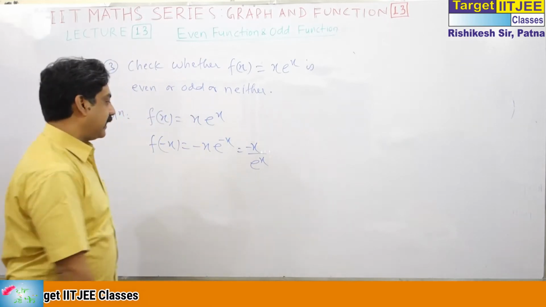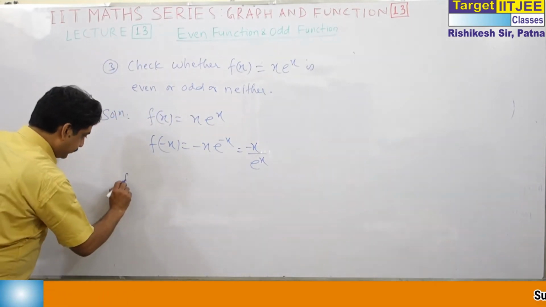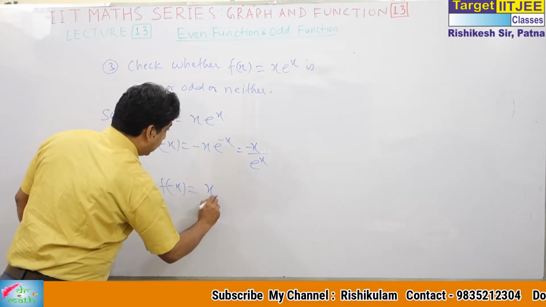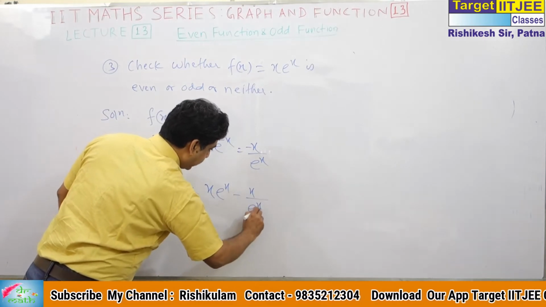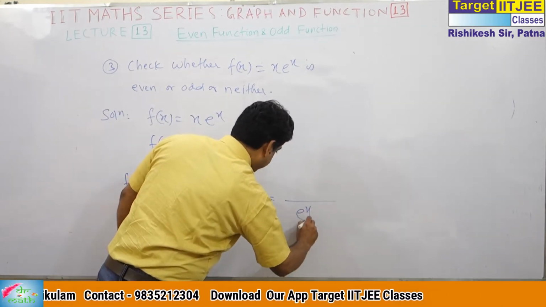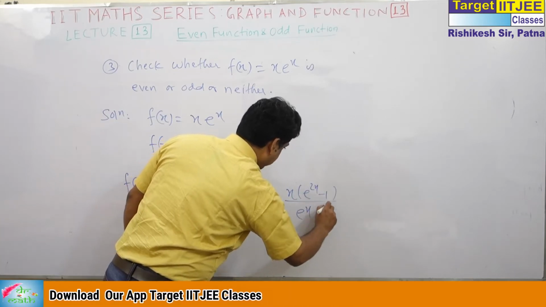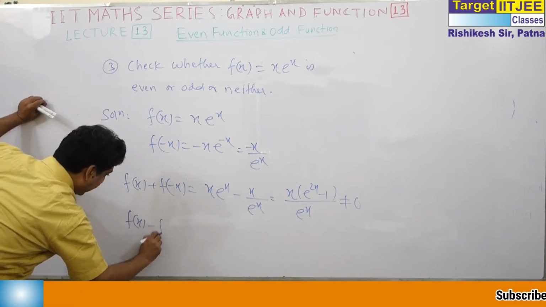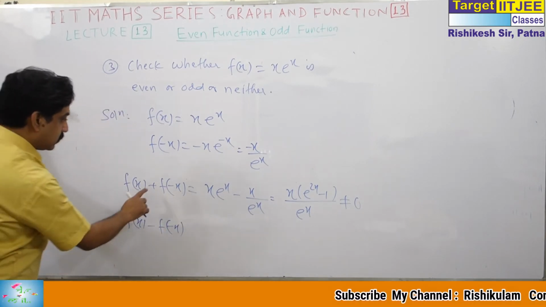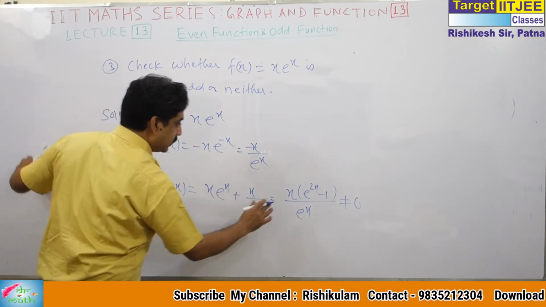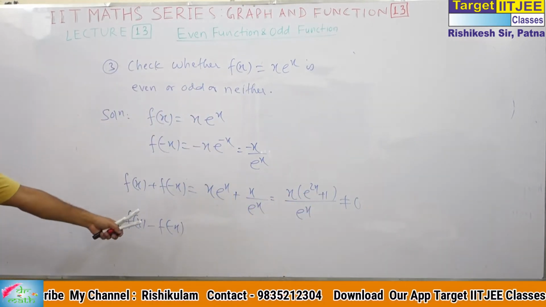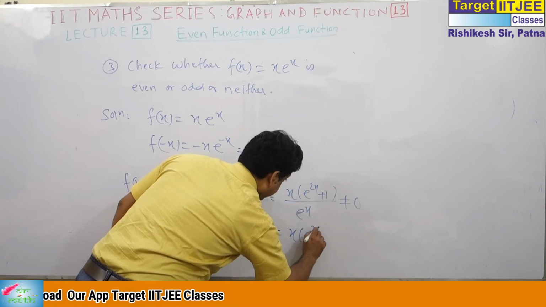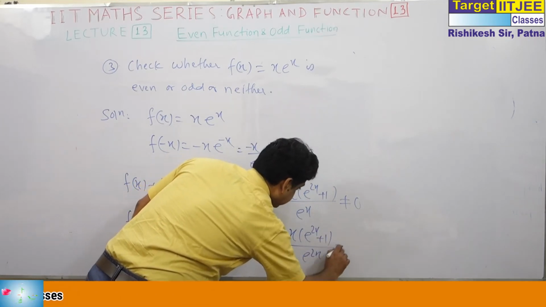But before concluding that this is neither, you must do one thing. Here f(x) plus f(minus x) is what? You can say x e to the power x minus x by e to the power x. When you add, this is x times (e to the power 2x minus 1) by e to the power x, which cannot equal 0. And what is f(x) minus f(minus x)? Oh, so sorry, I am taking this as plus. So this is plus, this is plus. Likewise, if we go for this we get x times (e to the power 2x plus 1) by e to the power x, not equal to 0.